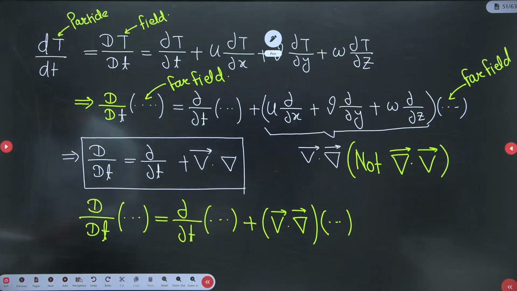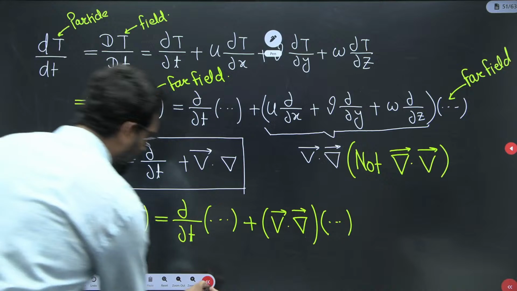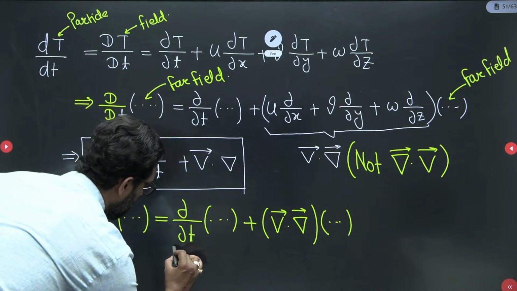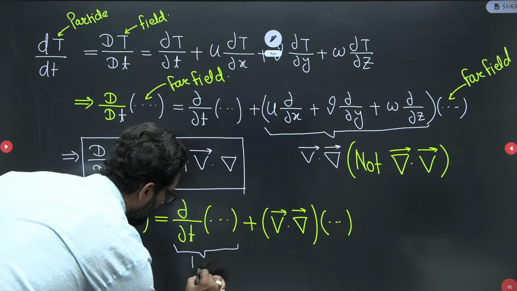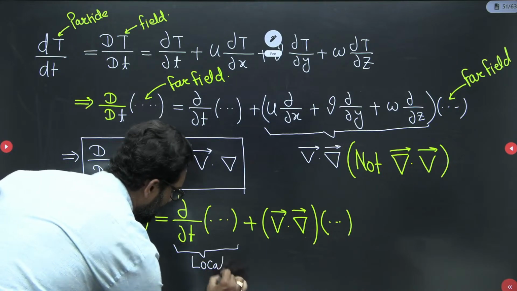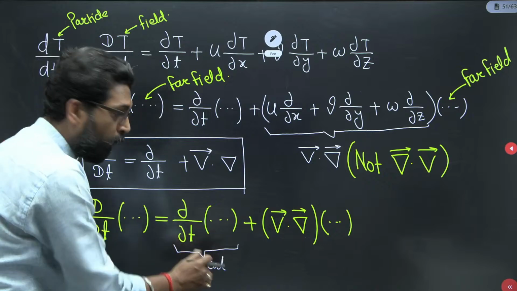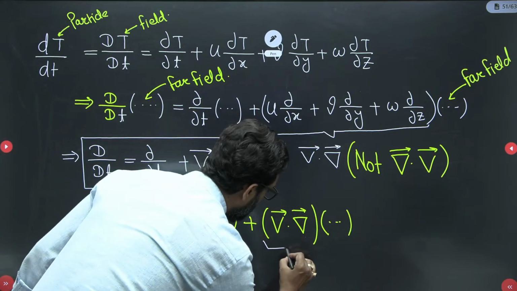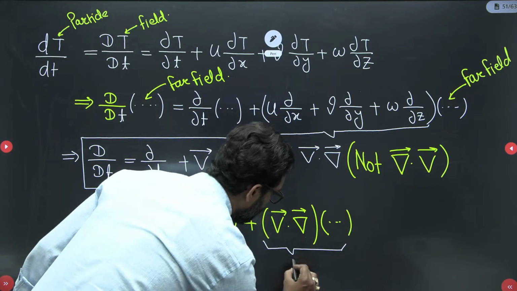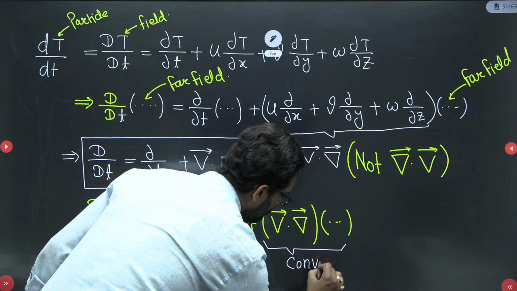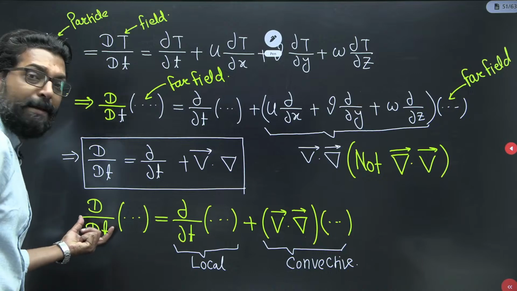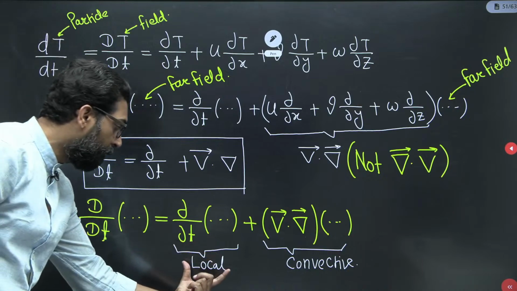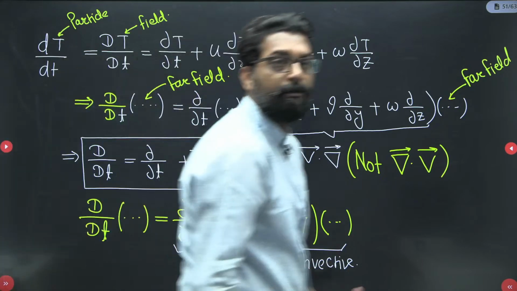So this is your local, temporal, and this is your convective. So the total derivative, or material derivative, is the combination of local derivative and convective derivative.